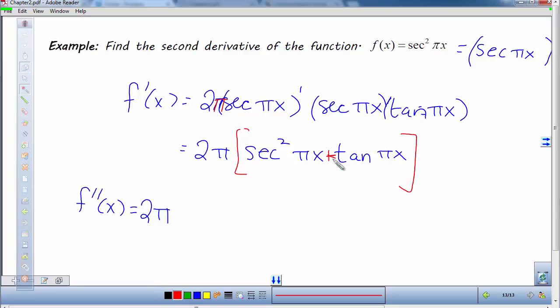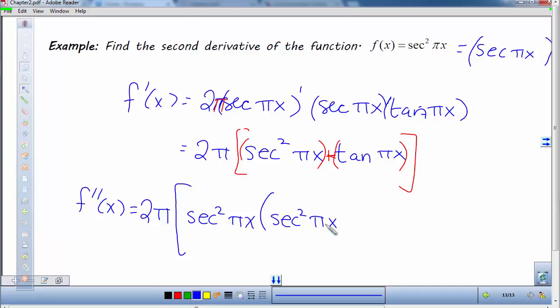All right, so if I do my first times the derivative of the second, well, the derivative of tangent pi x, we just said, is actually secant squared pi x.